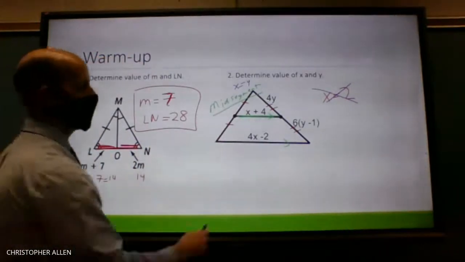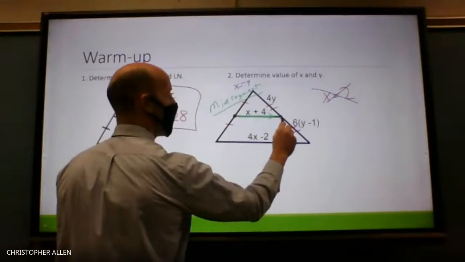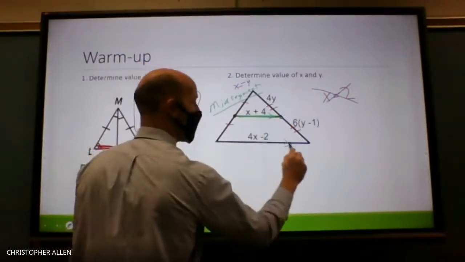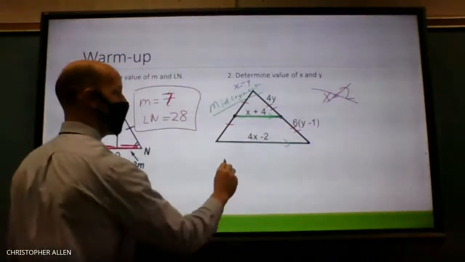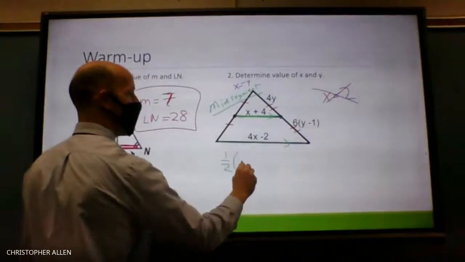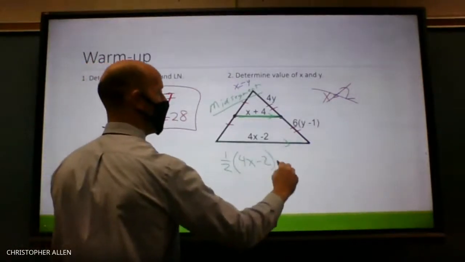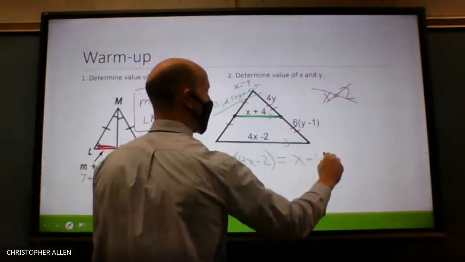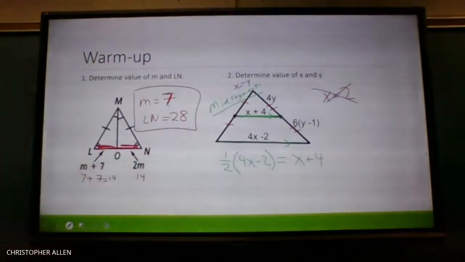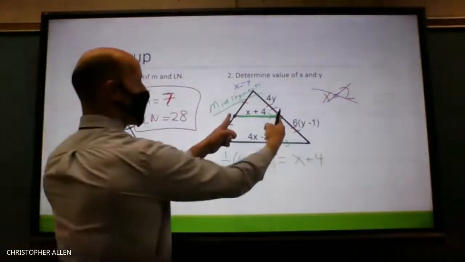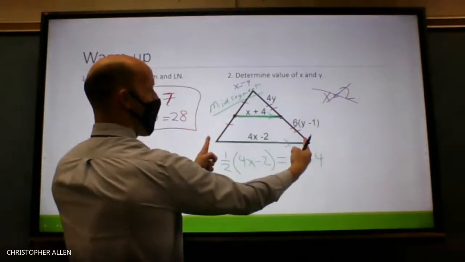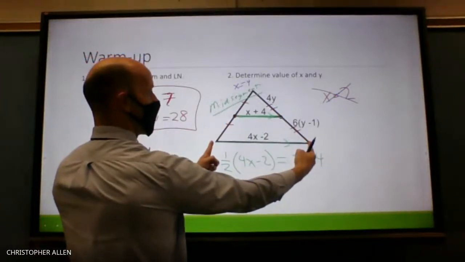The other thing is that this length right here has to be half of this length right here. In other words, 1/2 of 4x minus 2 has to equal x plus 4. I'll say that again. This length here has to be half of this length here.